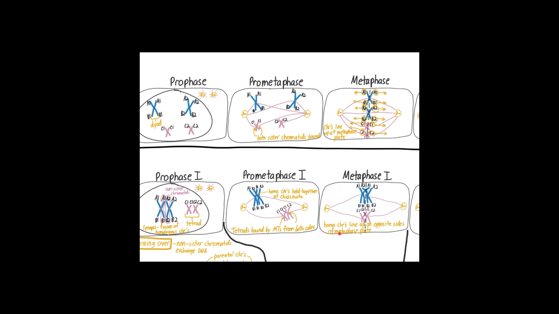During metaphase 1 of meiosis, unlike during mitosis, the homologous chromosomes line up next to each other around the metaphase plate. How the chromosomes line up and what microtubules they attach to is random.